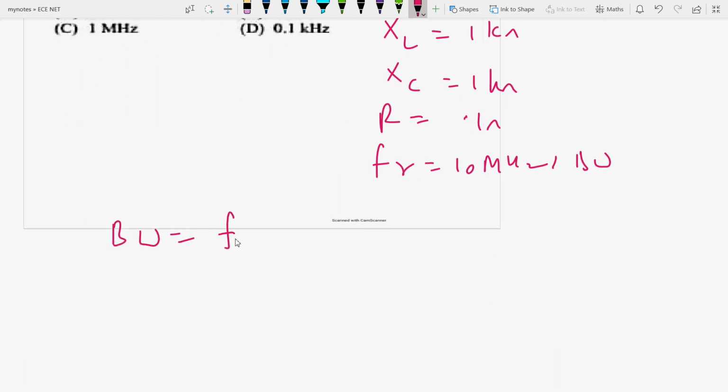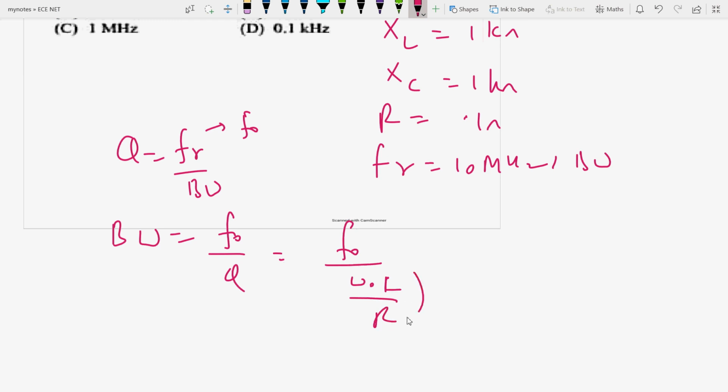So bandwidth is equal to F naught by Q. You know Q is equal to FR upon bandwidth, where FR is generally F naught, the center or tuned frequency. So this is F naught by omega naught L by R, isn't it? F naught is 10 megahertz, and resistance is 0.1.